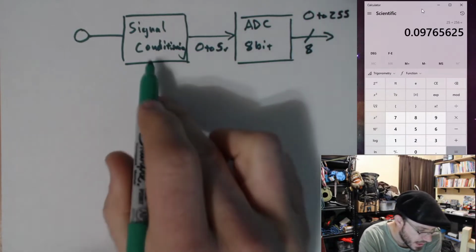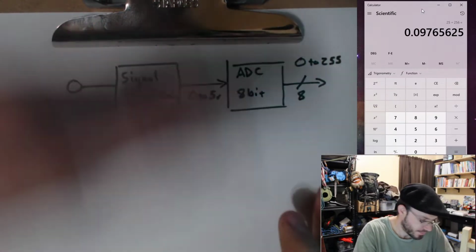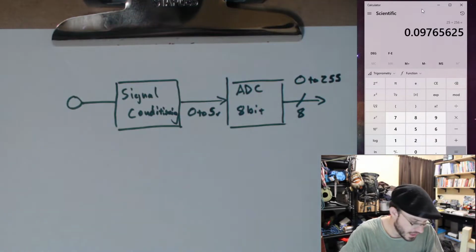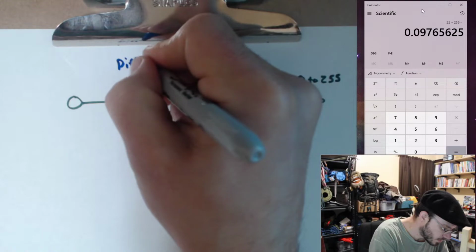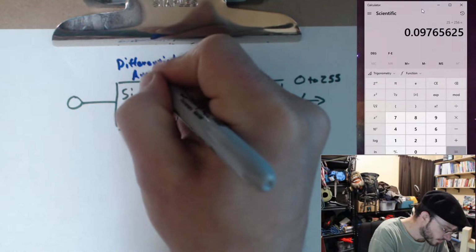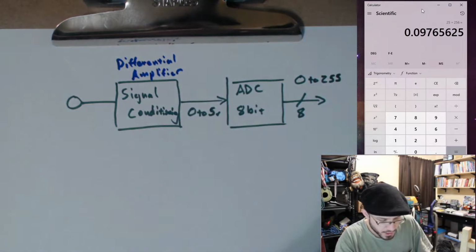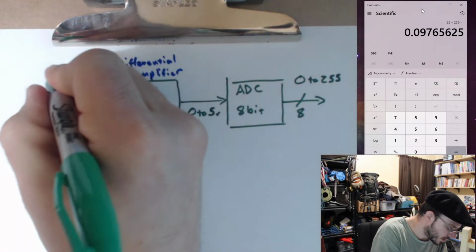Okay. Now, inside of this signal conditioning block, this is going to be created with a differential amplifier. Just calling it signal conditioning to keep it a little more generic. And here's our sensor.